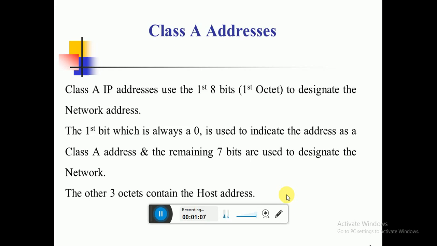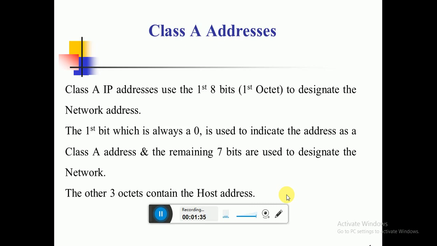Today we are going to study each class one by one in detail. Class A, class B, class C, class D, class E. So before starting our new lecture, I would like to remind you that we are only dealing with IP version 4.